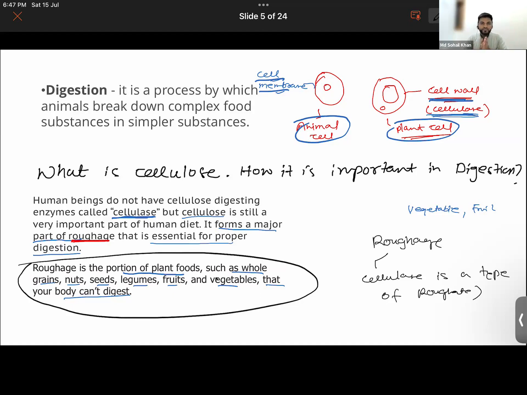Roughage is found in these types of plant foods, and it usually does not get digested in our body. So one example of roughage is cellulose, which does not get digested in our body. All right, guys.